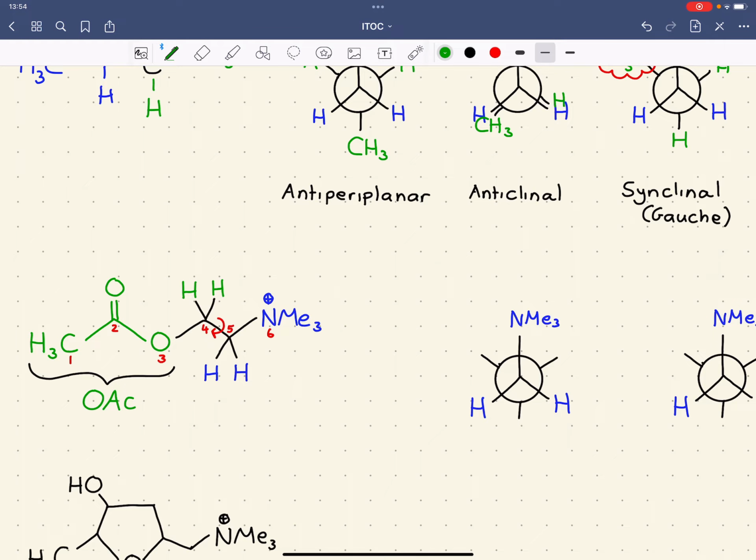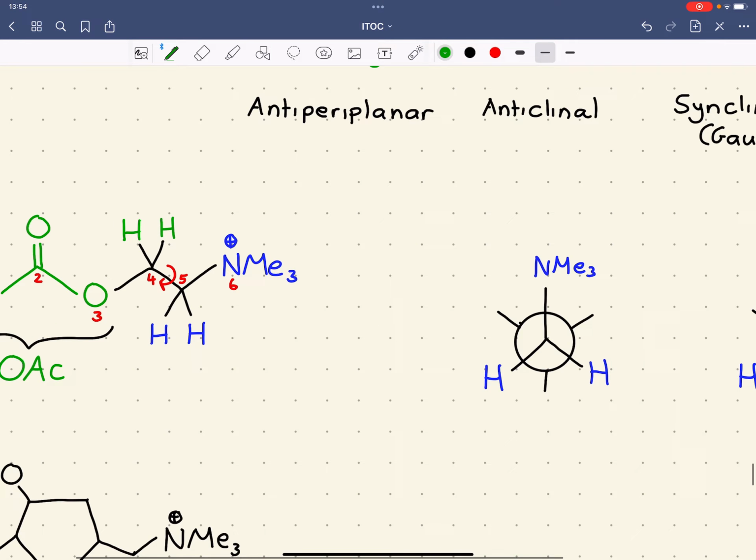What we could have then is the molecule being in the antiperiplanar arrangement. And the antiperiplanar arrangement, remember, is where the bulky groups are as far apart as possible. So in this case, this is carbon 5, where I've got my NMe3 and my 2 blue hydrogens attached to carbon 5.